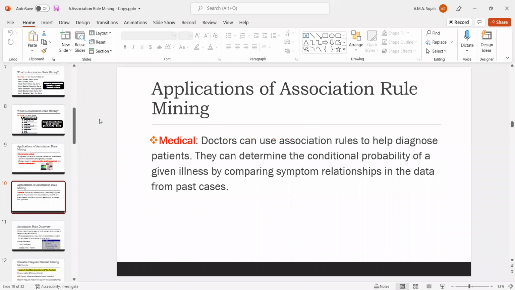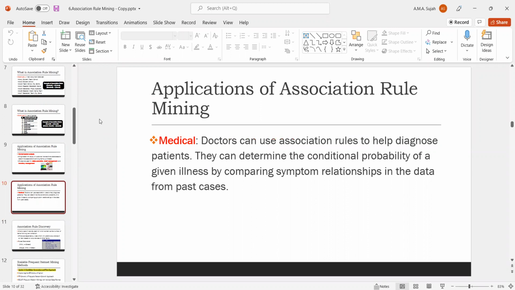Another important application is the medical industry using association rule mining. Let's say as a hospital, we have past patient records, with different diseases, what symptoms they have, what the level of diabetes is, and what symptoms they face day by day.